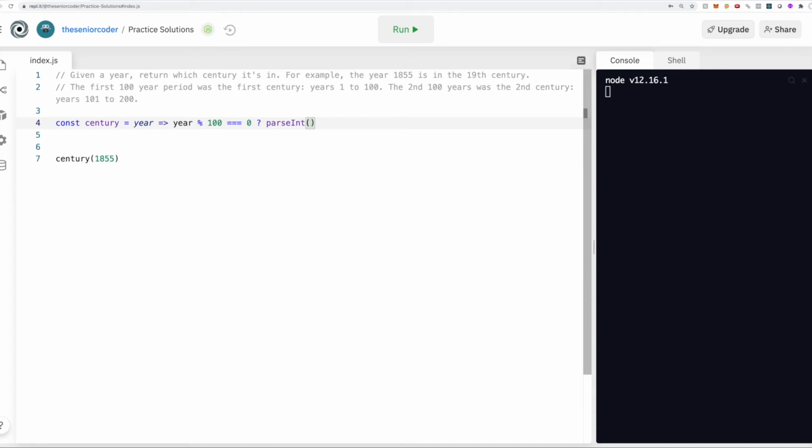If we take the year and divide it by 100, that gives us a whole number, for any number that is evenly divisible by 100.